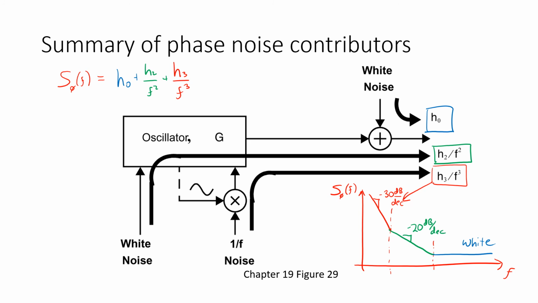Finally, I should point out that this is the phase noise characteristic that we observe for an oscillator free running on its own and generating a periodic waveform at the output.